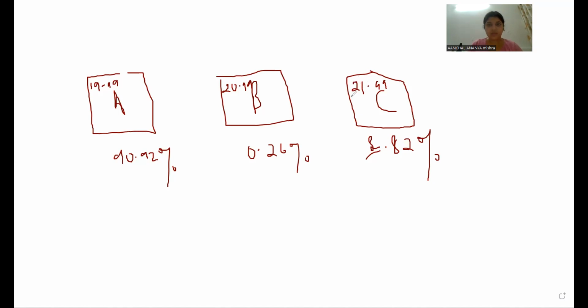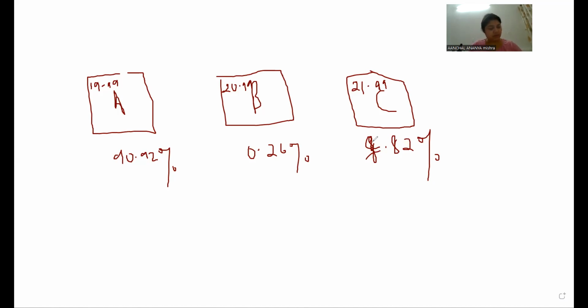On the bottom, this is 21.99 and this is 8. Oh, 8, okay. Okay, I got it.